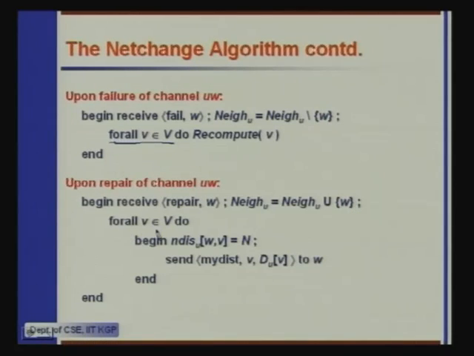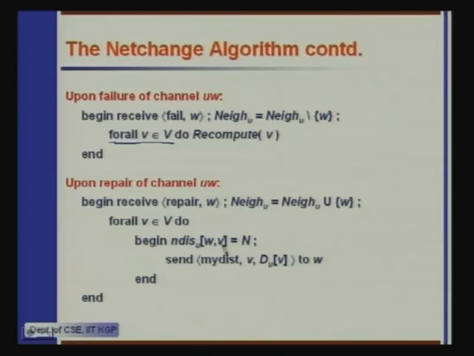Then what do we do? For all V belonging to V, we change NDIS UWV to equal to N. Why? Because now I have no estimate of the distances from W to V. Okay?